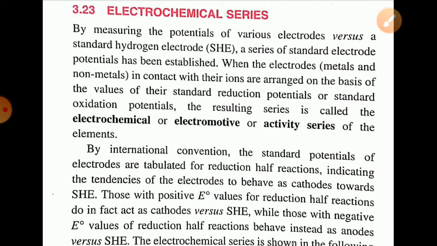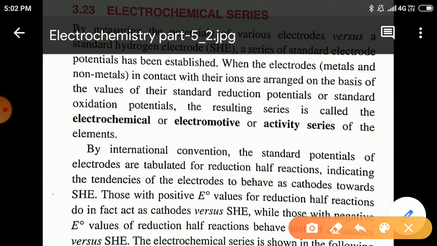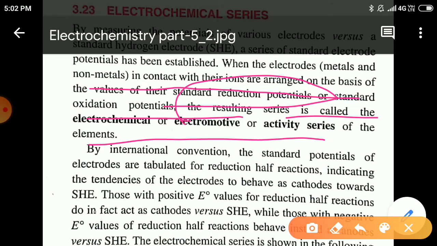When metals and non-metals in contact with their ions are arranged on the basis of their standard reduction potential or standard oxidation potential, the resulting series is known as the electrochemical series or activity series.